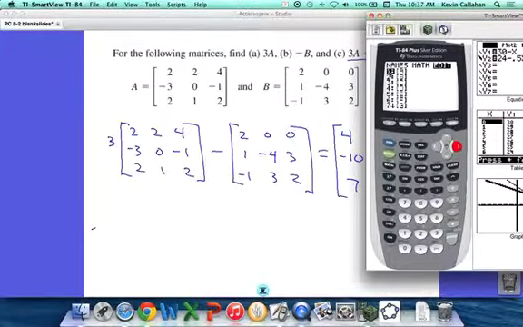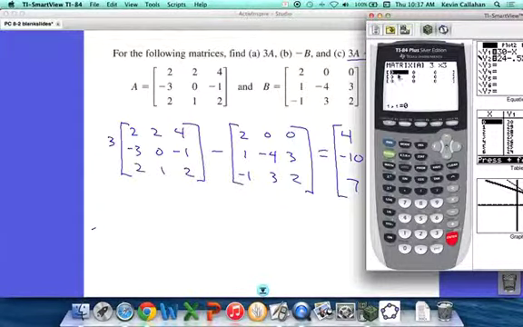And we want the first one, which is A. So I hit 1. Now, it's asking us for the order of the matrix. What is the order of our matrix? So it's 3, enter, 3, enter. And notice now it populates a 3 by 3 matrix with zeros.